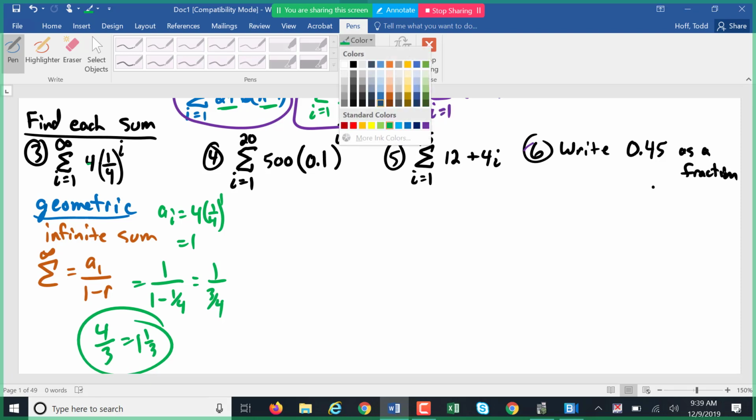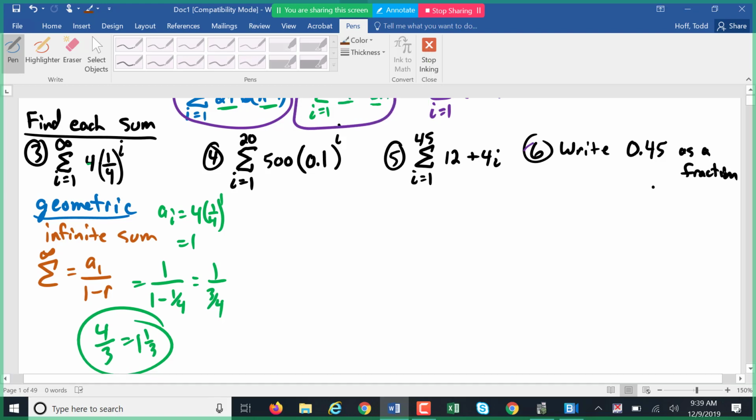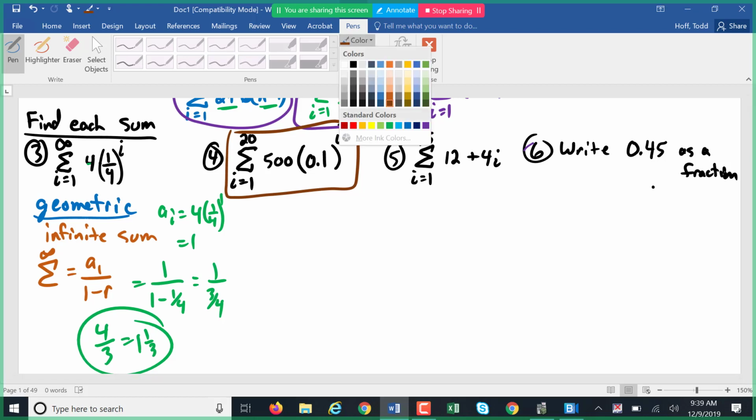Now, as far as number 4 is concerned, this is not infinite. This is a finite sum. We go from 1 to 20, so there are 20 terms in it. But it is still geometric. We have 500 times 0.1 to the power of i. So again, we need to find a1.